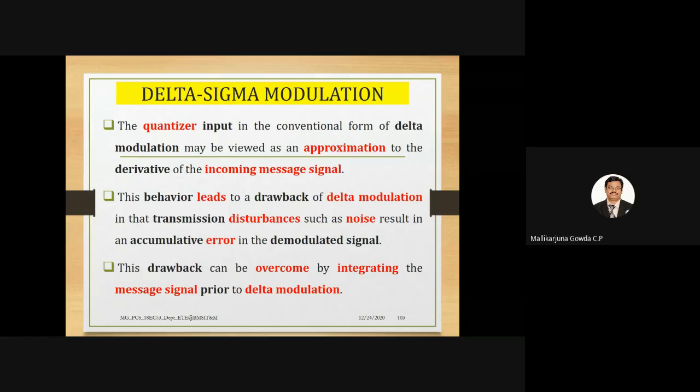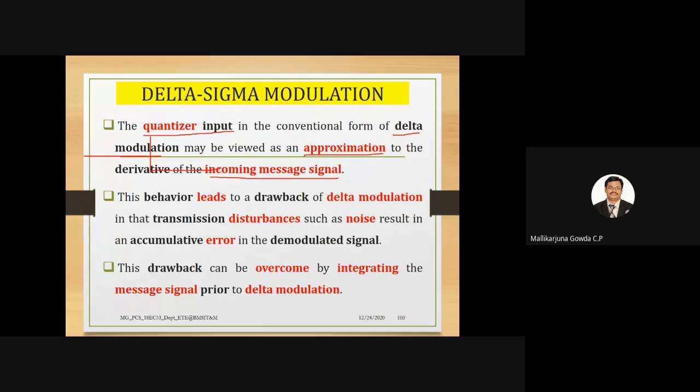So here, the quantizer output in case of conventional delta modulation, whatever I discussed so far, may be viewed as an approximation to the derivative of the incoming message signal.